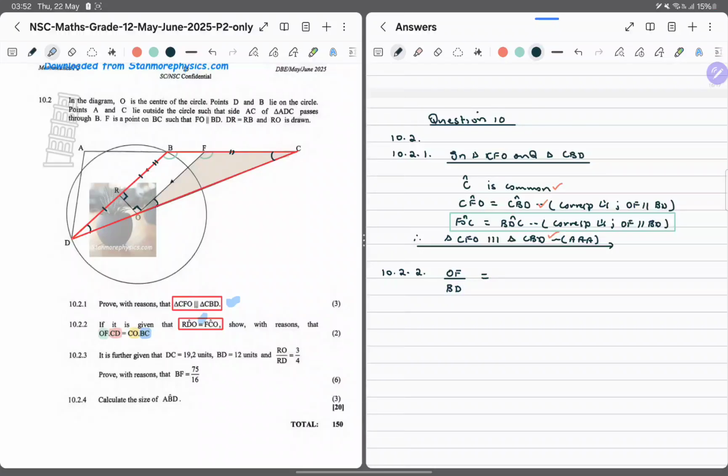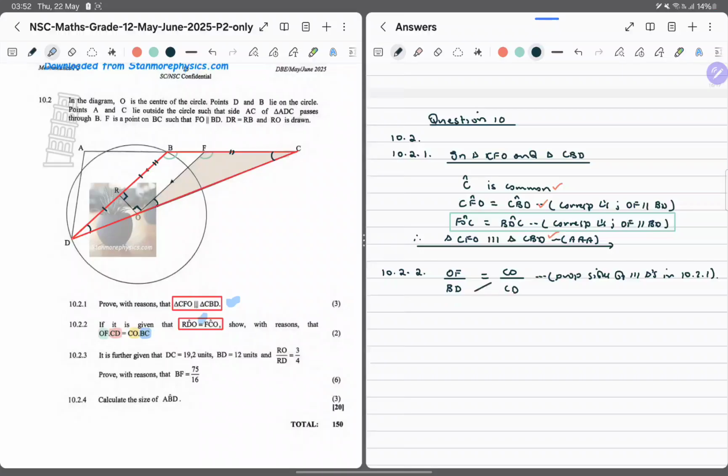This should be equal to CO, which is part of this small triangle, divided by, now CO is opposite that angle is equal to that, and the side opposite that is DC. Okay, so we can call it CD as it is written. So of course these are the proportional sides of similar triangles in 10.2.1.